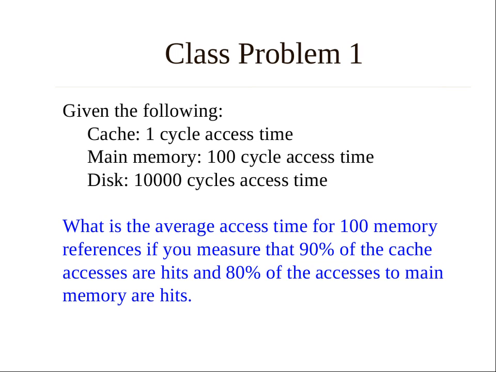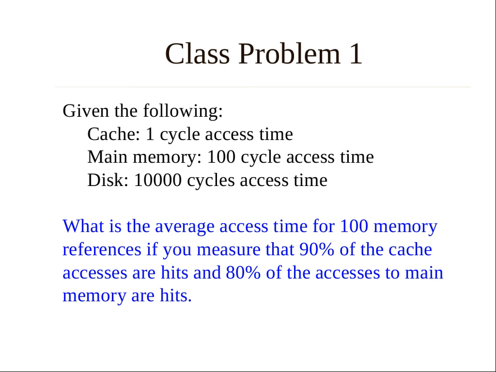The wording did trick me for a second though. It tricked you? At the first part. What is the average access time for 100 memory references if you measure that 90% of the accesses are hits, 80% of the accesses to main memory are hits? I was like, what about the other stuff? Oh yeah, it goes down, right?